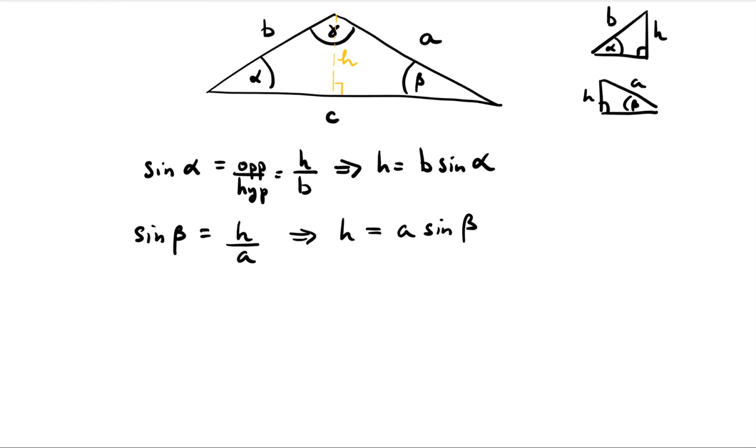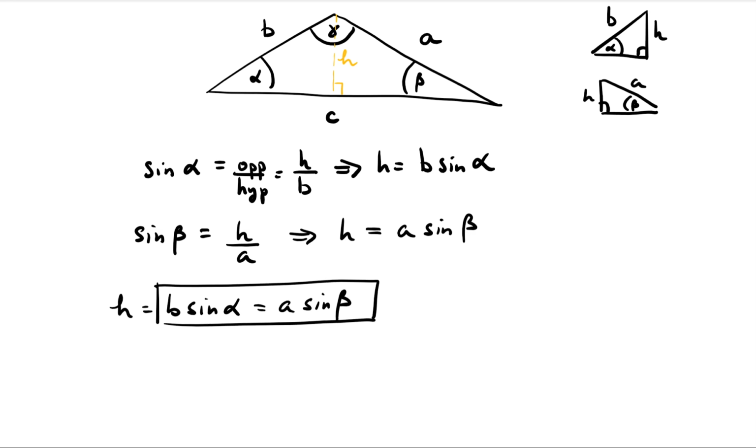Now equating, B sine alpha and A sine beta are both equal to H. So H is at the same time B sine of alpha, but it's also A sine of beta. We're going to look at this equality now, and write it somehow differently.